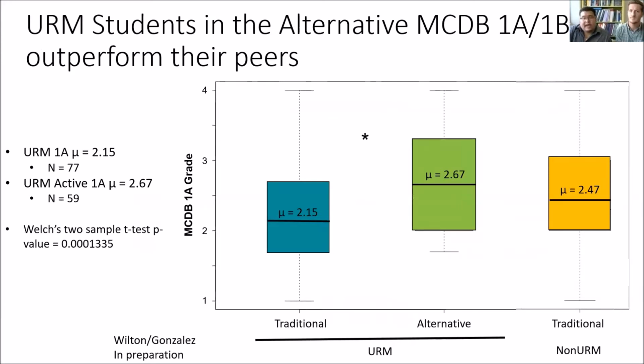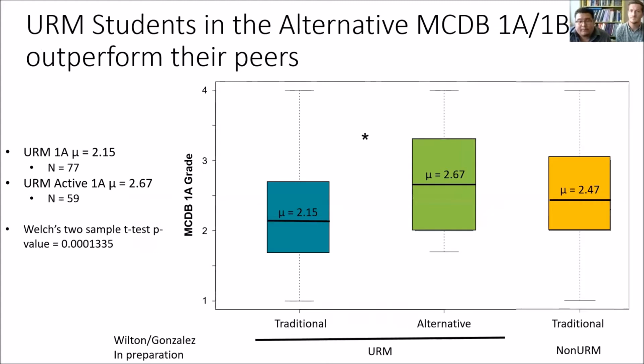Also, if you look at the actual average of the class, when you divide the class itself per URM versus non-URM, you can see that in the traditional section, the underrepresented minority students have a mean of 2.15 average points, whereas in the alternative section, they actually have a 2.767.